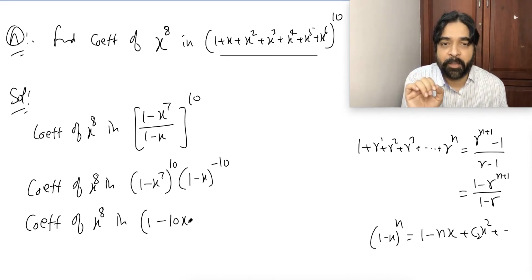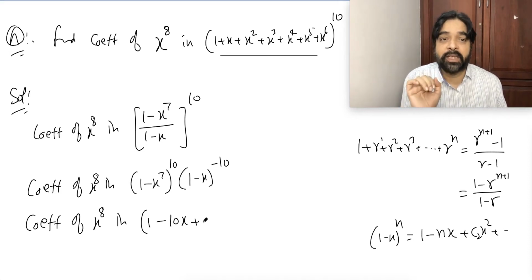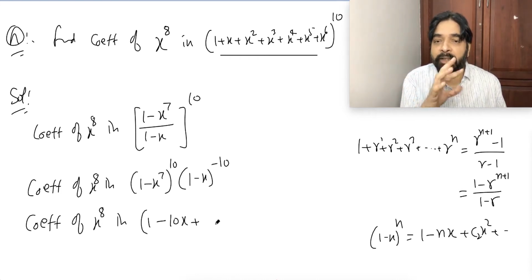Did you understand the point? Plus 10C2. 10C2 how much? 10 into 9 by 2, 45. Correct, na? 45 x square.